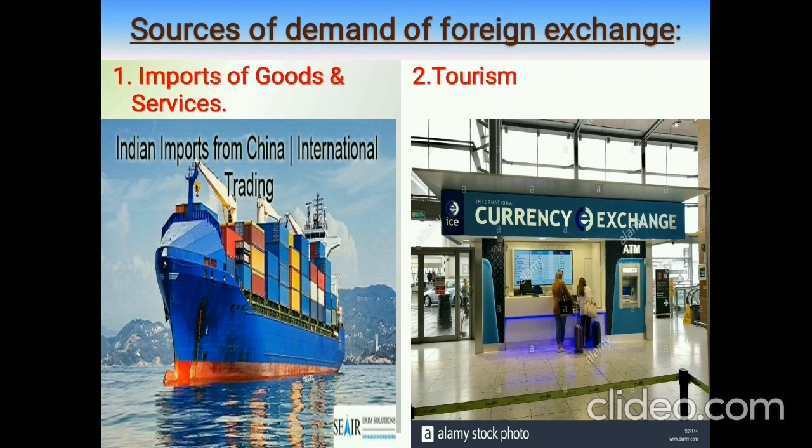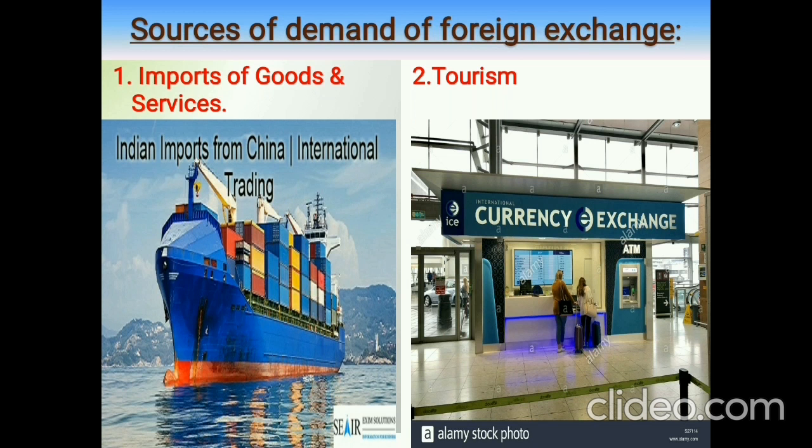First, we have import of goods and services. We require foreign exchange for importing goods and services from the rest of the world because not all countries accept our domestic currency for international trade. So there is a requirement of some foreign currency for international trade.